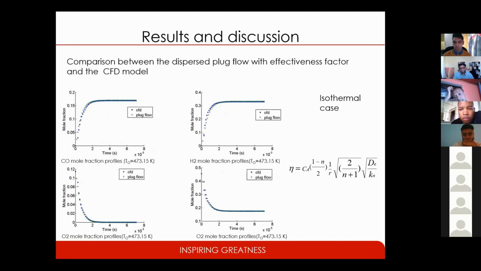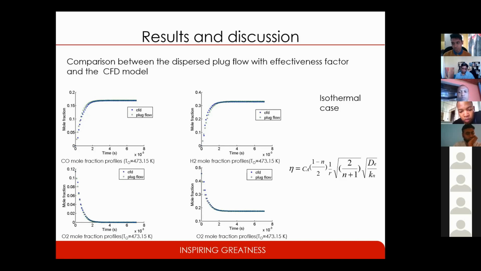Now, in the isothermal case, you will realize that upon applying the effectiveness factor, the mole fraction profiles for both CFD and the plug flow model agree quite closely at the inlet temperature of 473. So this is for carbon monoxide, hydrogen, and oxygen. Then we said, okay, let's increase the inlet temperature to see whether the agreement will still be close.